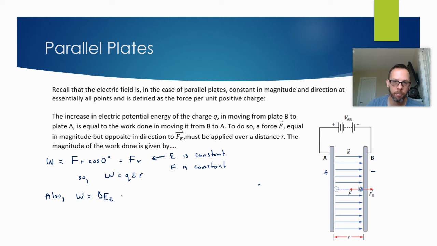And we just talked about that that's equal to Q times delta V. Well, so we have two expressions for work. They are equivalent. We can set them equal. So Q delta V equals Q epsilon R, and then we get an expression for delta V, independent of the charge in between the parallel plates. So that's pretty cool.